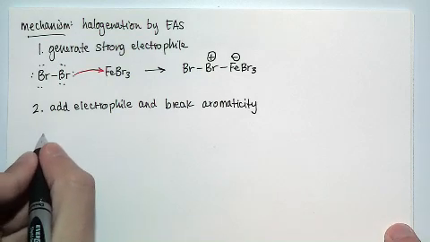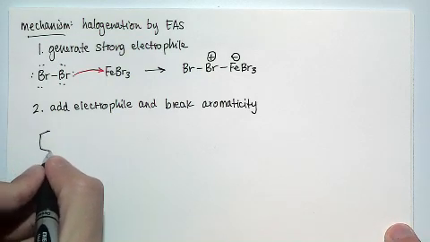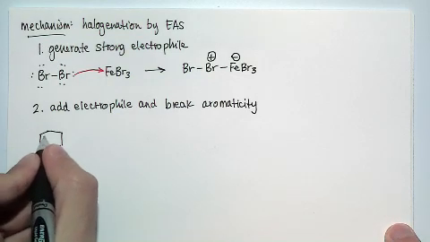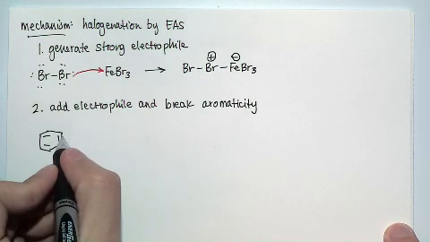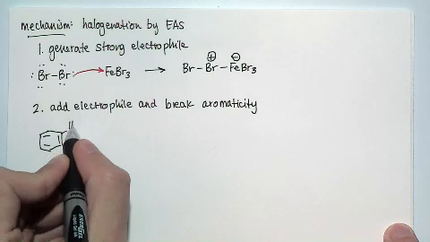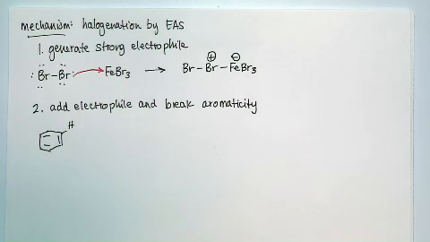So I'll draw out our benzene ring like that, and I'm also going to explicitly draw one of the hydrogens. That ends up being the hydrogen that is substituted when we do the substitution reaction.